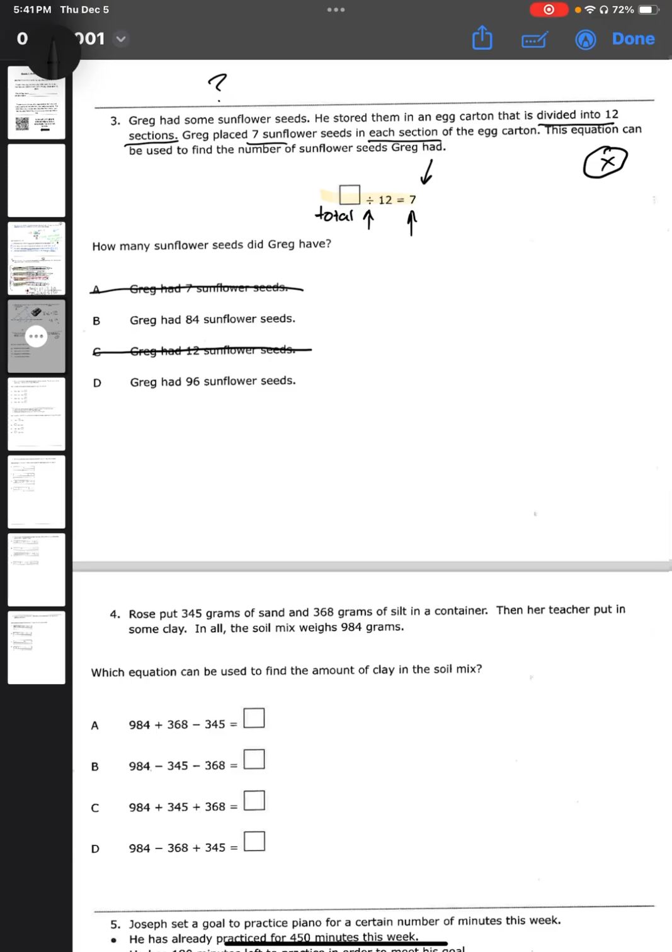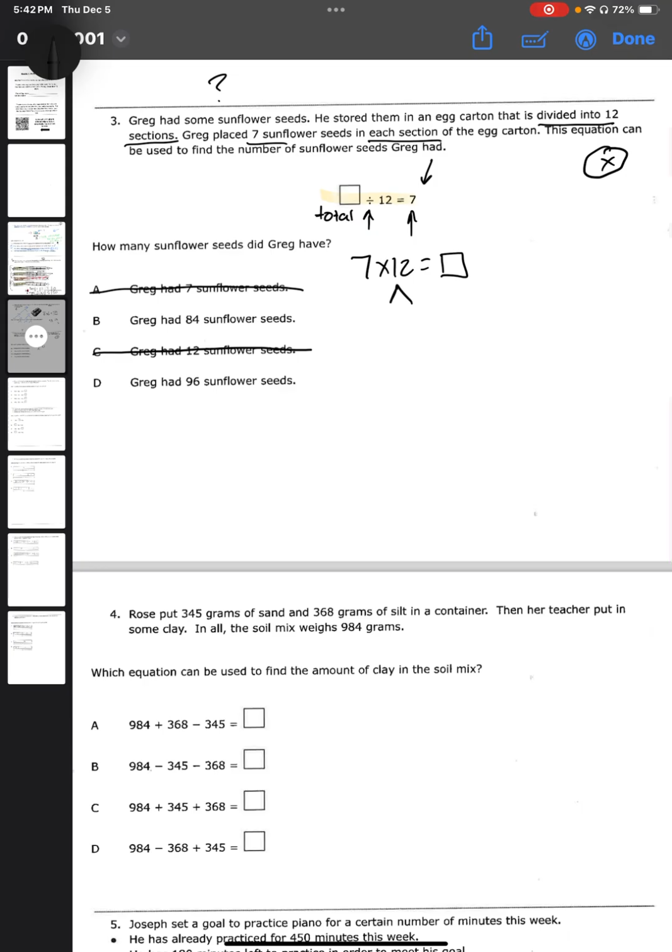One thing we've talked about is taking our division problem and using the inverse operation, which is multiplication, to solve for a missing part. To solve a division problem using multiplication, we just flip this backwards. So we could do 7 times 12 equals something. Unfortunately, we haven't learned how to multiply two-digit by one-digit numbers using the standard algorithm, but we do know how to solve it by decomposing.